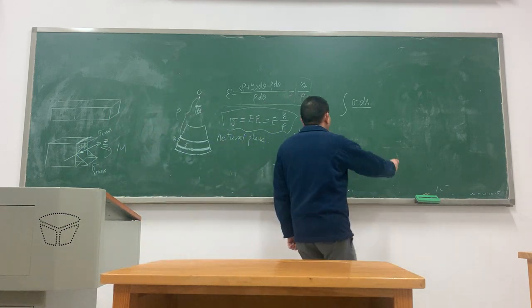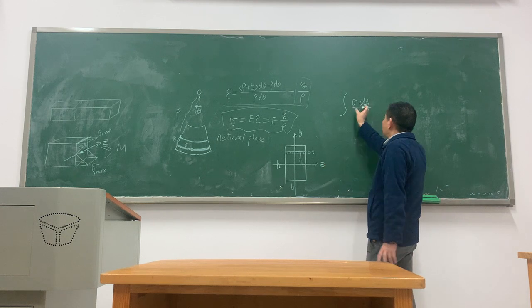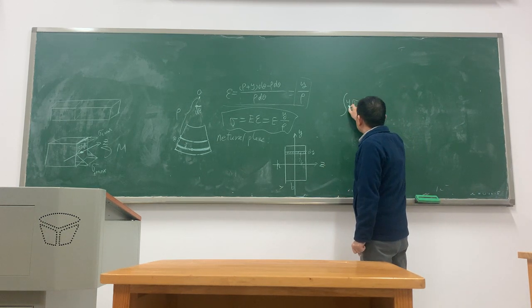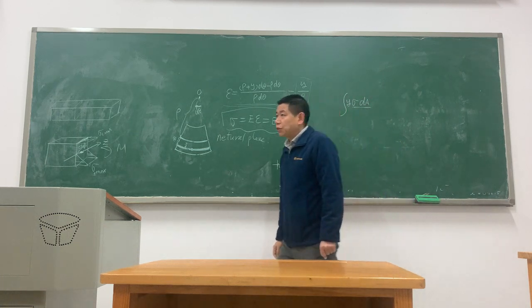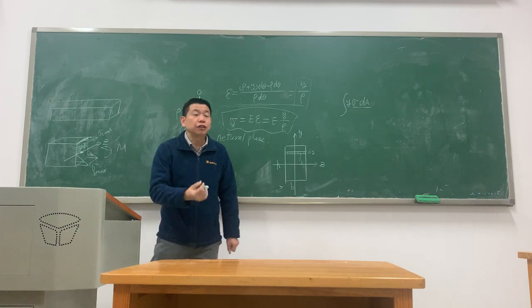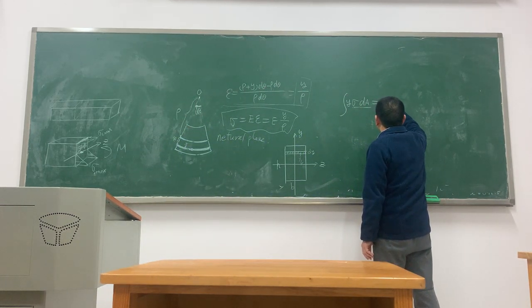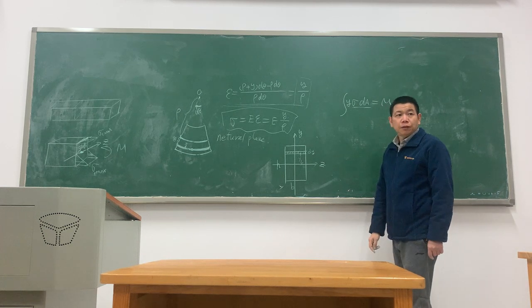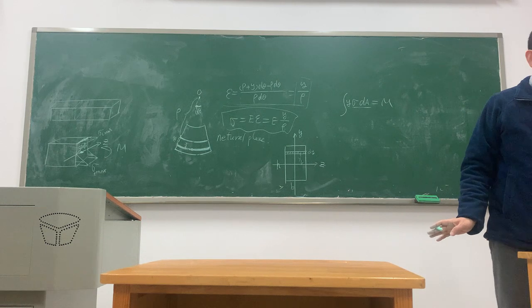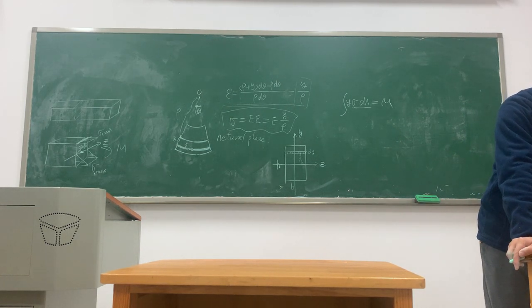The force on dA is sigma dA. Yes or no? The distance from dA to the neutral axis is y. It must be equal to M, because M is the resultant of the normal stress distribution.